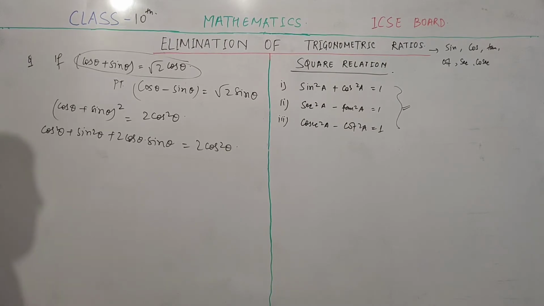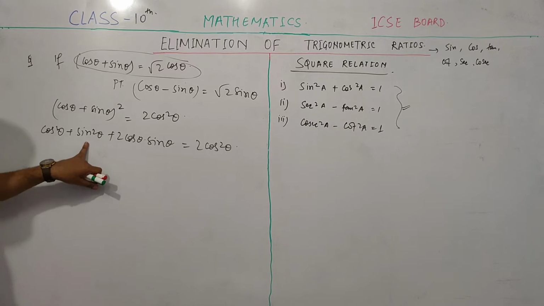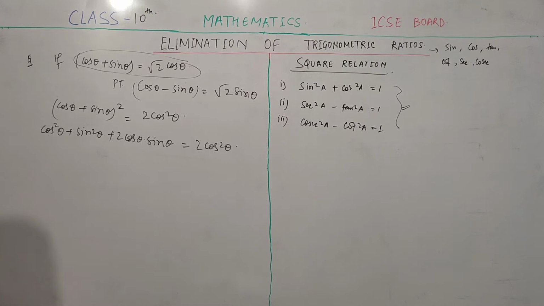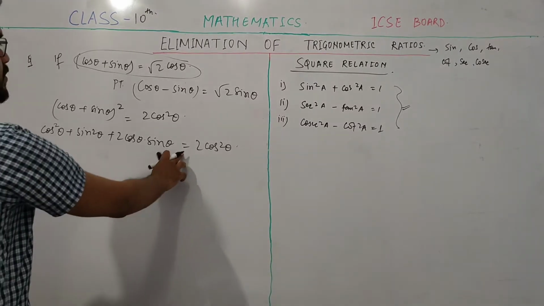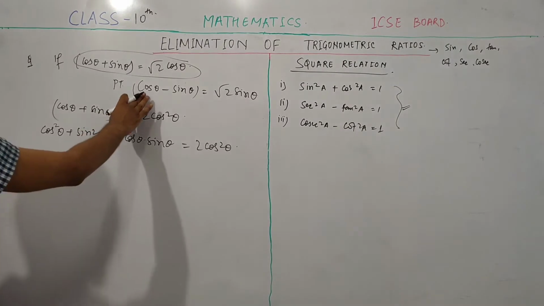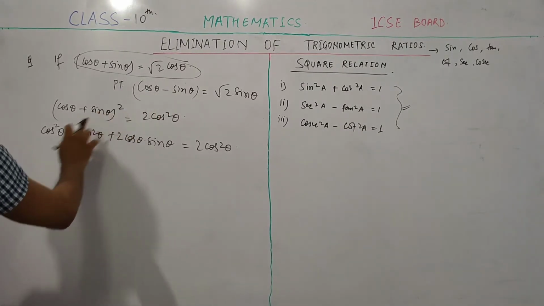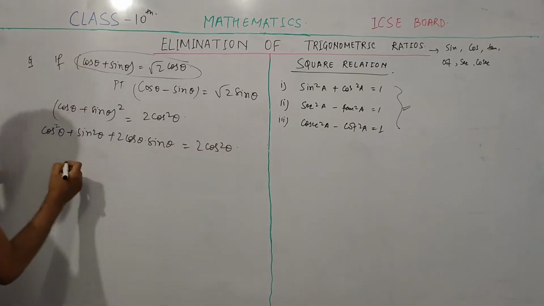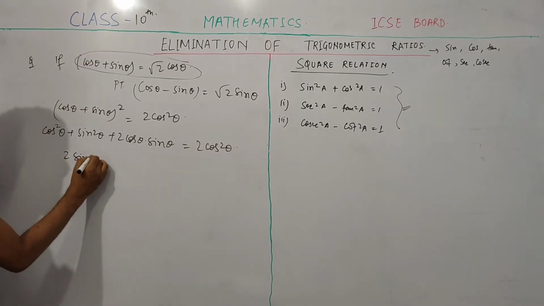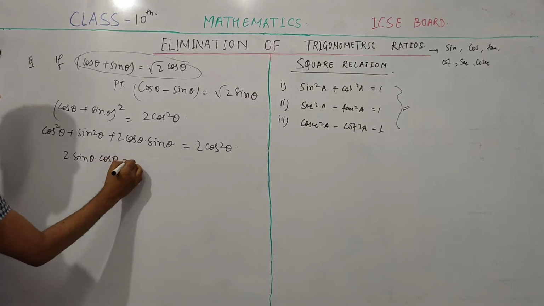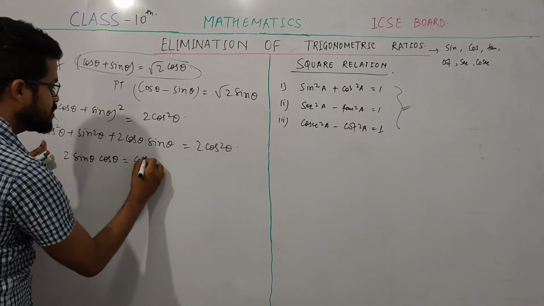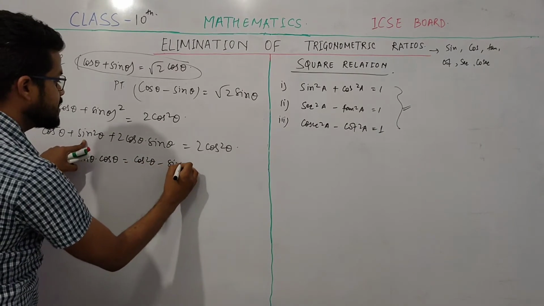Now what do I do further? This is cos square theta plus sin square theta, which is equal to 1. Now if I bring this cos square theta from the left hand side to the right hand side, what I write here is 2 sin theta cos theta is equal to 2 cos square theta minus cos square theta, which is cos square theta, and this is minus sin square theta.